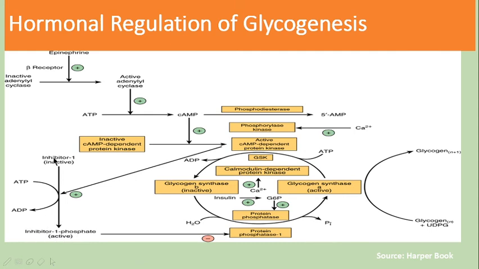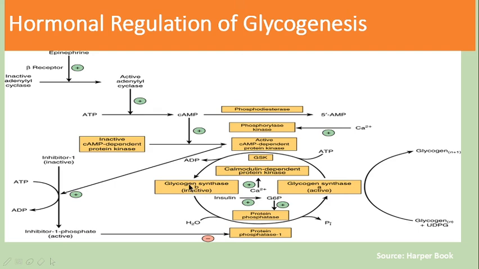So the inhibitor protein will be in the inactive state in the presence of insulin. Protein phosphatase will remain active in the presence of insulin and will dephosphorylate the enzyme.